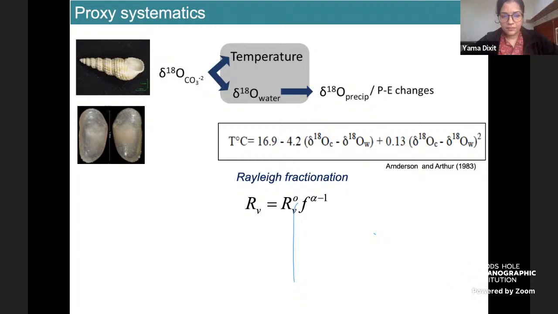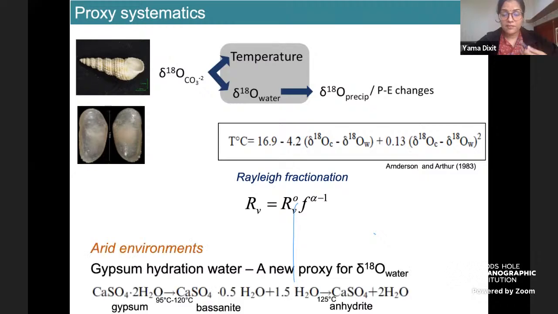Now, if you have shells in the sediments, that's very good. You can use these techniques. In arid regions where there are not many shells, there are mostly evaporative salts. And one such salt is gypsum. Gypsum is calcium sulfate, which has two molecules of water.